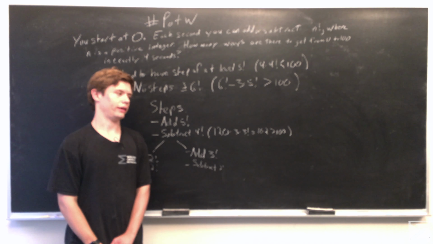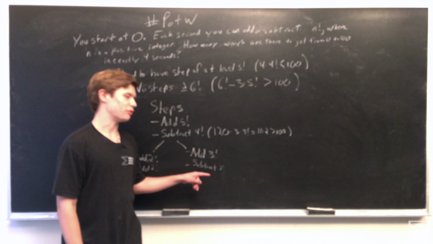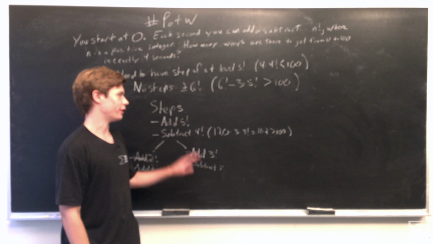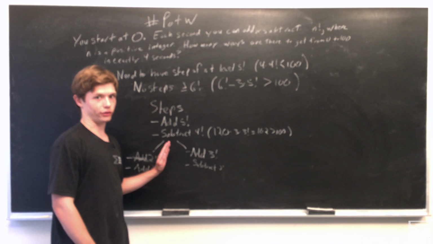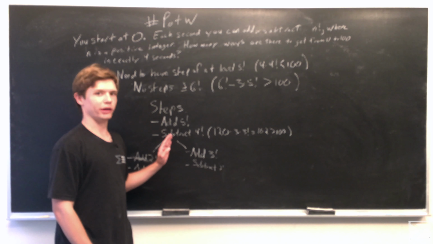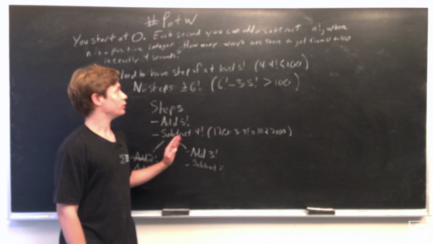The other option is to add 3 factorial, which is equal to 6, and subtract 2 factorial to end up with 100. So these are the 2 possible combinations of steps we can take to get to 100 in 4 steps.